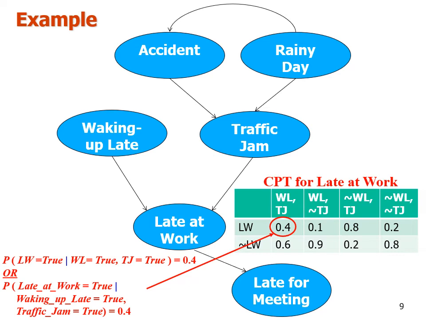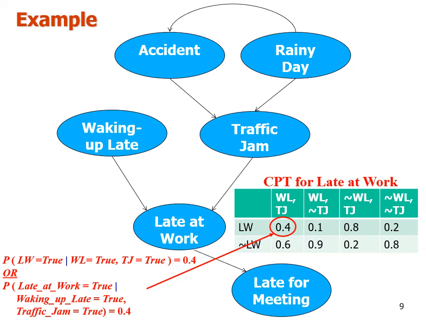Now, once you know the probability that you are late at work, you can easily compute the probability that you are not late at work. So, the probability of not late at work is equal to 1 minus the probability of late at work given the respective conditions.